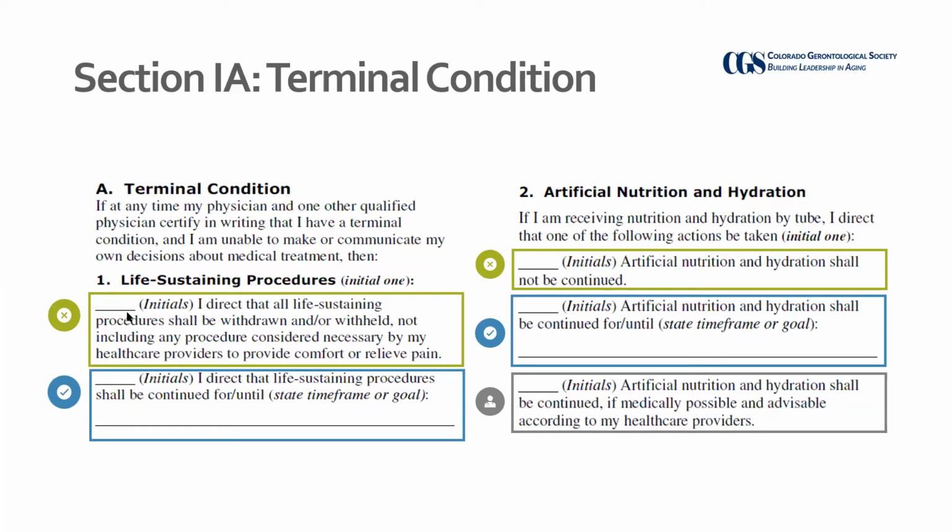And this says, no, I do not want life-sustaining procedures, but I do want to be kept comfortable and pain-free. So even though you have said no life-sustaining procedures, you will still be provided with comfort care and free of pain. So life-sustaining procedures could be anything from CPR, intubation, medication to keep your body going.